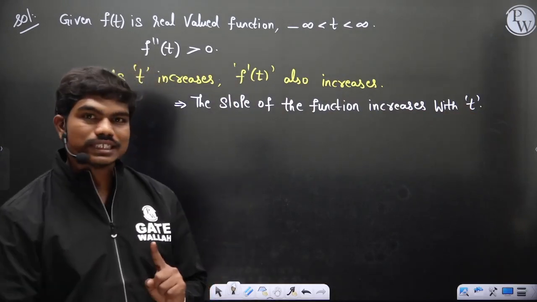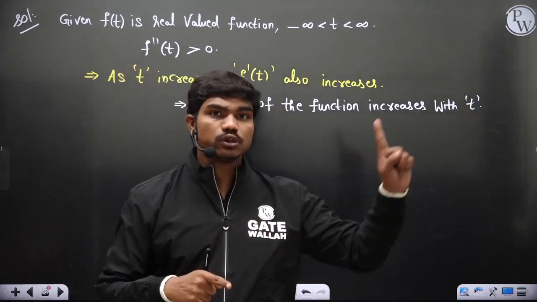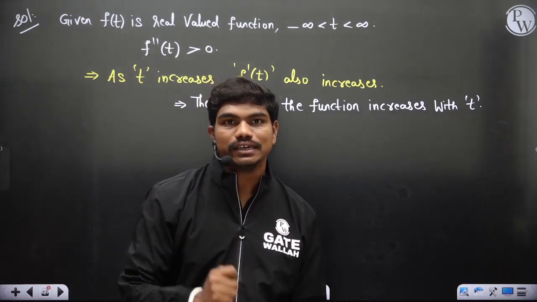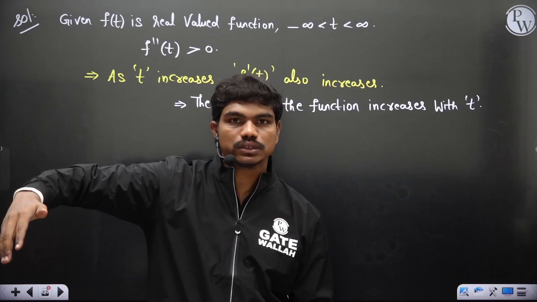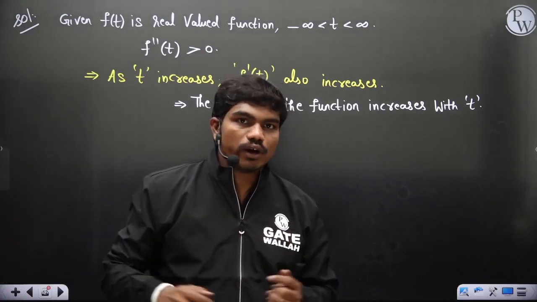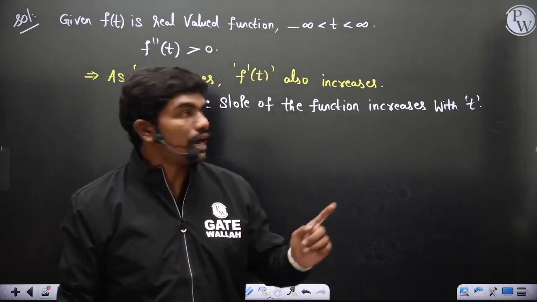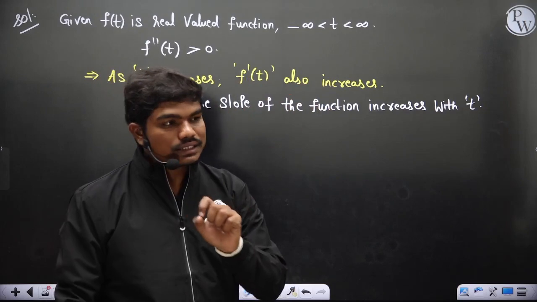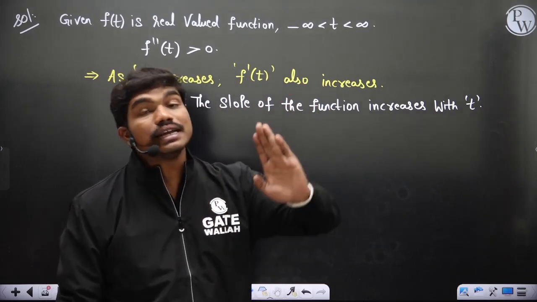Now when the slope is continuously increasing, then ultimately we cannot have any local maximas or local minimas, correct? We can maybe have one global minima at some location where the function is starting at minus infinity, but after that the function is continuously increasing, and if f dash of t is also increasing, the function increases very rapidly.